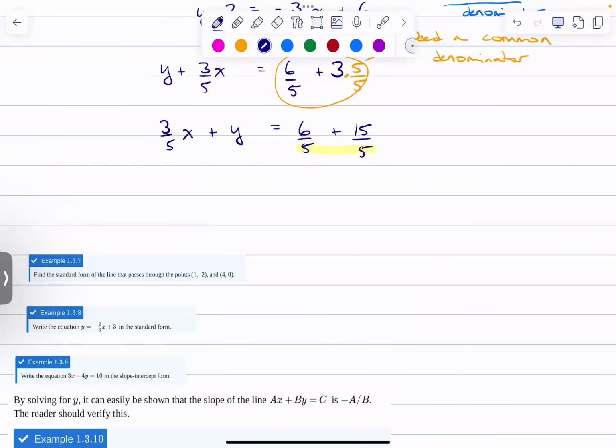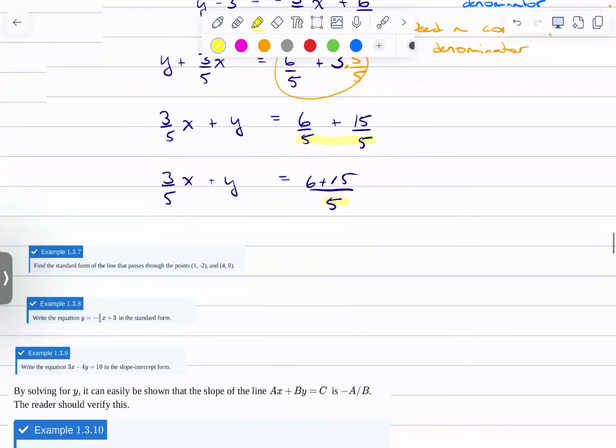So now I have 3 over 5x plus y is 6 plus 15 over 5. I'll just highlight that that 5 stays the same. So you don't add the common denominator, it just stays the same. 6 plus 15 is 21.